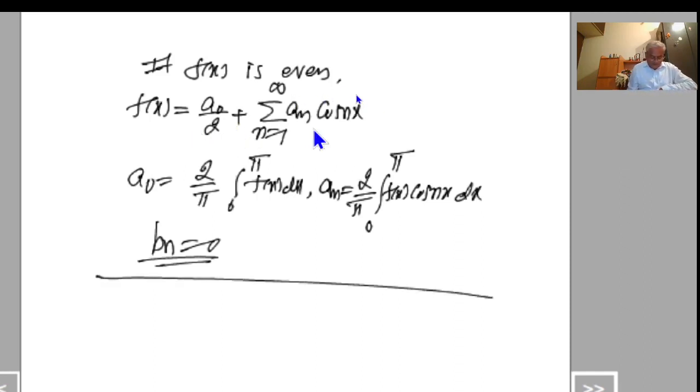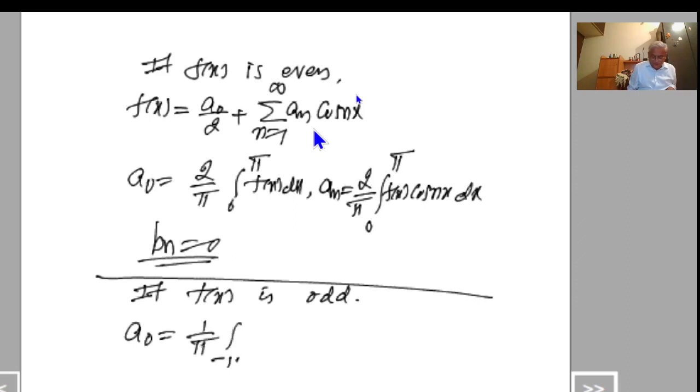Now next we consider the same interval, and if f of x is an odd function, then we have a naught equal to 1 by pi times the integral from minus pi to plus pi of f of x dx. This is equal to, directly we can write, 0 because f of x is an odd function. Then what about an?